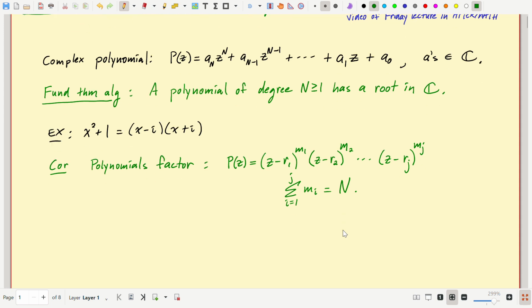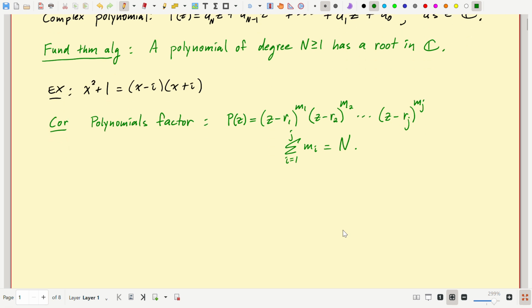So that factoring business just comes from the Euclidean algorithm you learned in high school. I won't go over that. But the key fact that I'm going to use here today is that complex polynomials are complex differentiable.